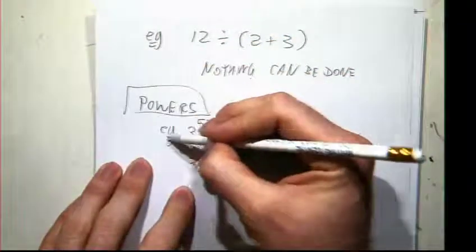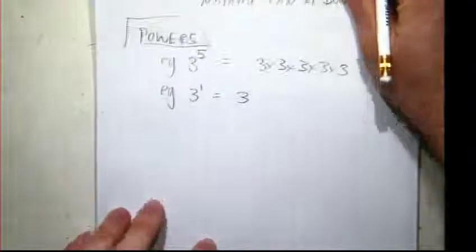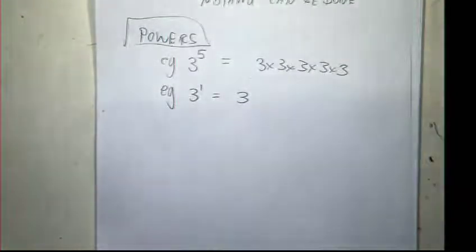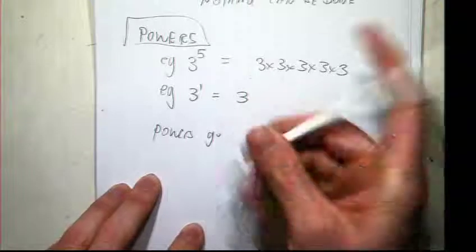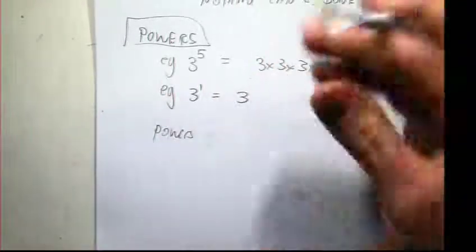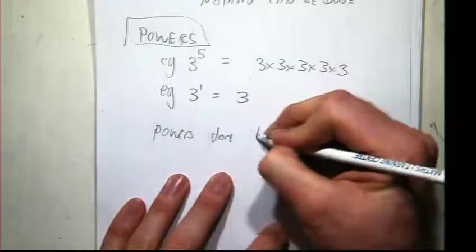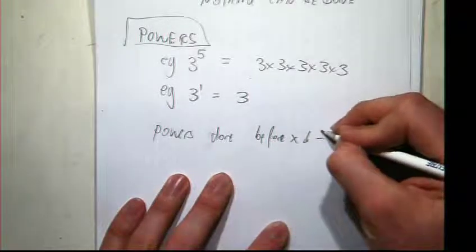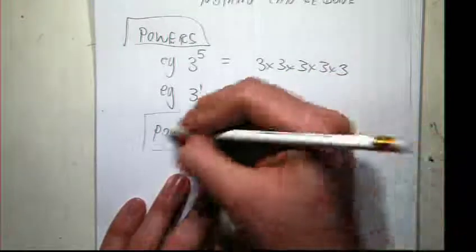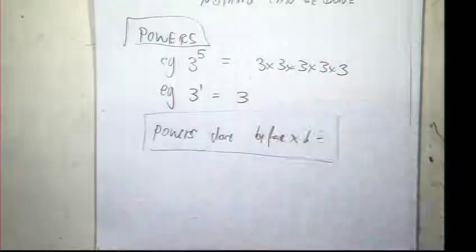So if you have an expression that has powers and times in it, then there are things that can be done. So the first rule is that powers have to be done before times and divide. Okay, powers must be done before times and divide.